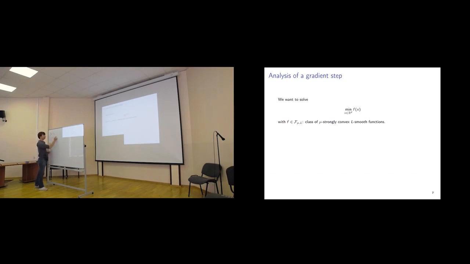The constraints are that my problem should be in the class of functions I've been considering in the beginning, because those are my assumptions. And I want to study gradient descent, right? So here I also have the iterates, and I have to impose that I generated the iterates with gradient descent.